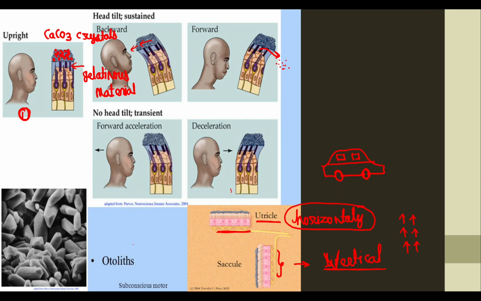So our sensory hair cells will generate minimum action potential, and that is called tonic firing, the resting potential. It will go to your brain, and your brain will detect it.